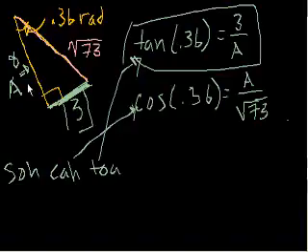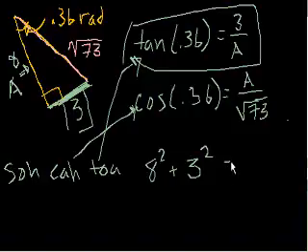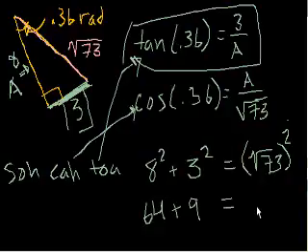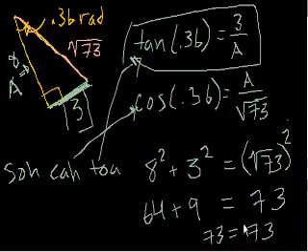So 8 squared plus 3 squared should equal the hypotenuse squared, square root of 73 squared. Well, 8 squared is 64, plus 9 should equal, what's the square root of 73 squared? Right, it's 73. And of course, 64 plus 9 is 73. And sure enough, that equals 73, so it works. Isn't that interesting? How math just kind of fits together.